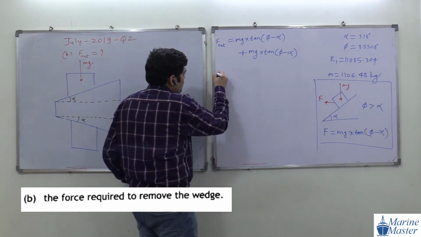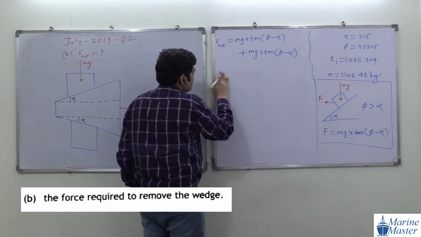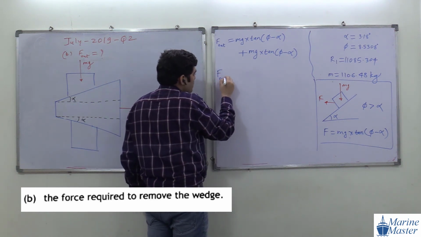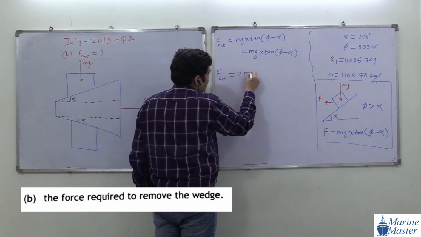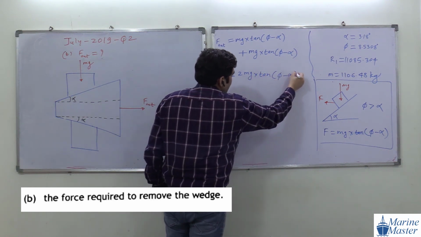So what will F out become? Force required to drive the wedge out. It is 2 times mg tan of phi minus alpha.